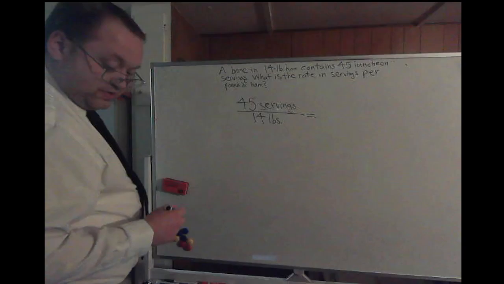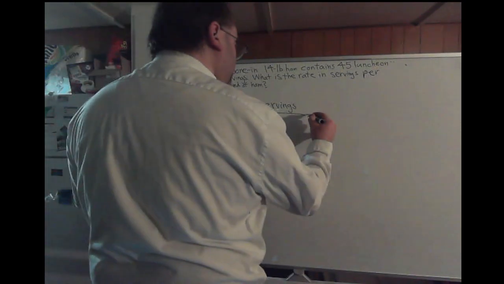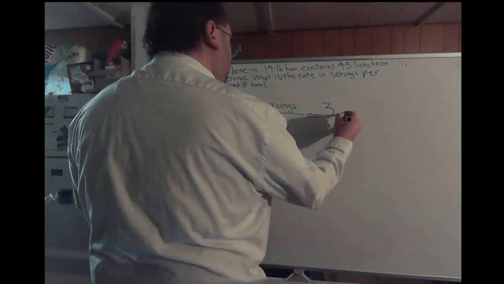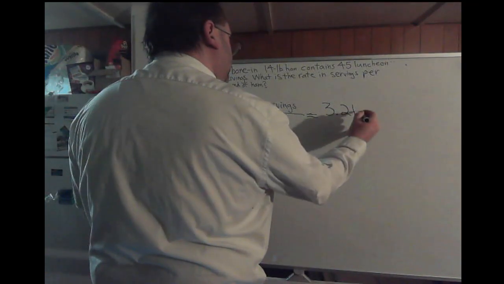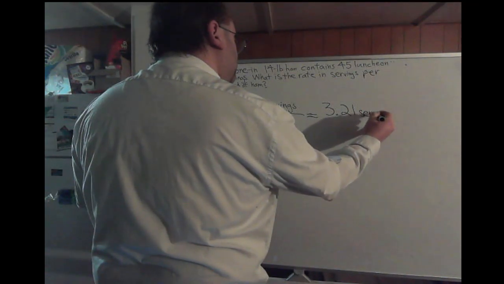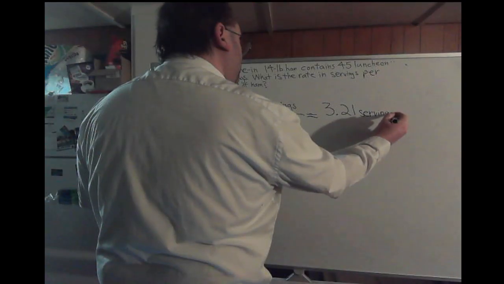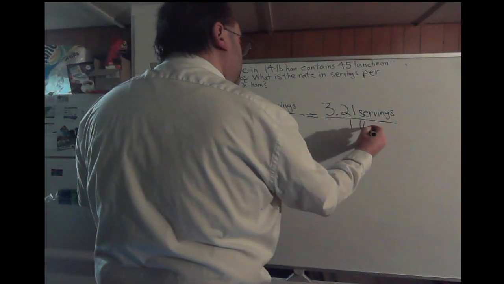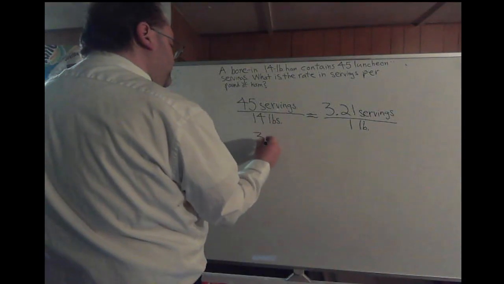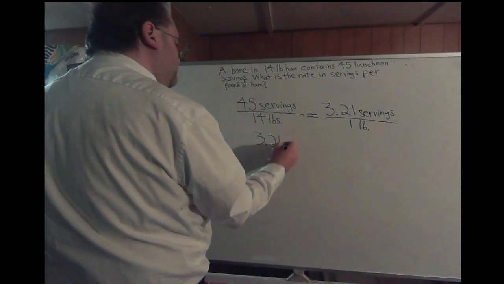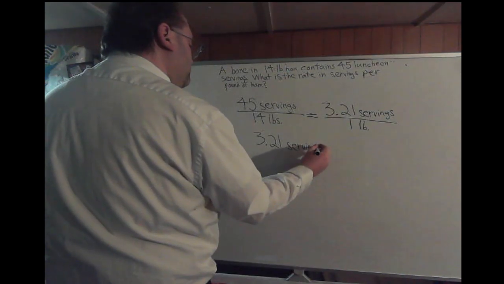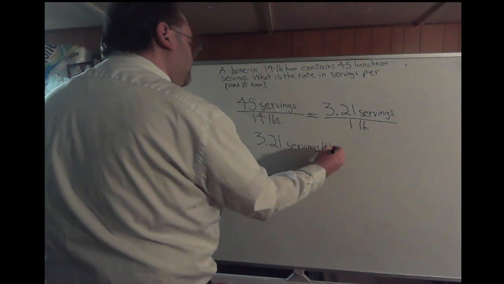We're going to round to the nearest hundredth. Change those to approximately equal to. Comes out to approximately 3.21 servings per 1 pound, which would mean it's 3.21 servings per pound.